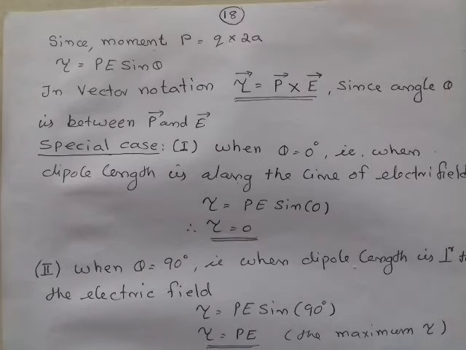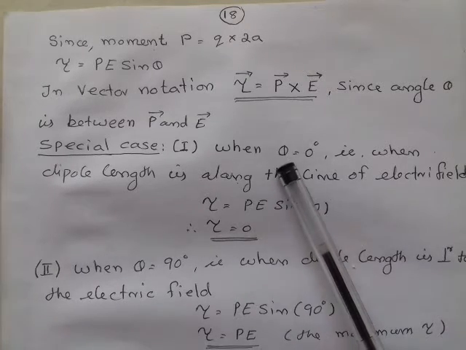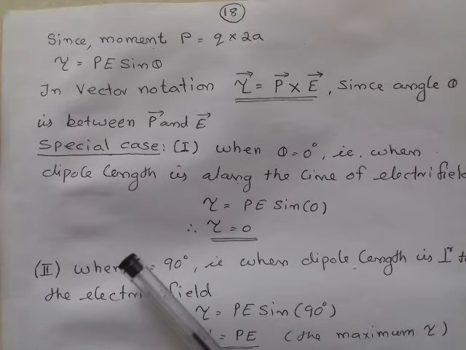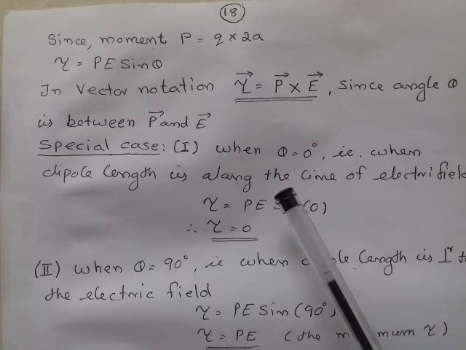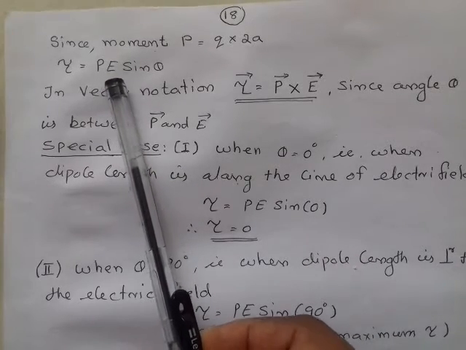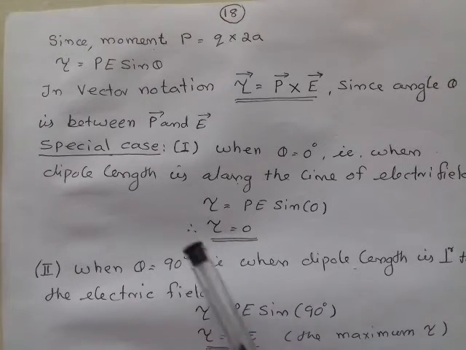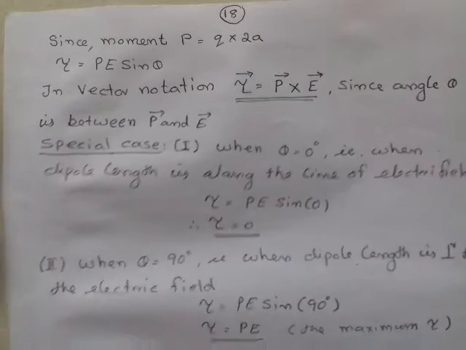Now we move on to two special cases, where the angle theta is 0 degree, and in another case when theta is 90 degree. When angle theta is 0 degree, sin 0 value is 0. So that will make torque equal to 0.